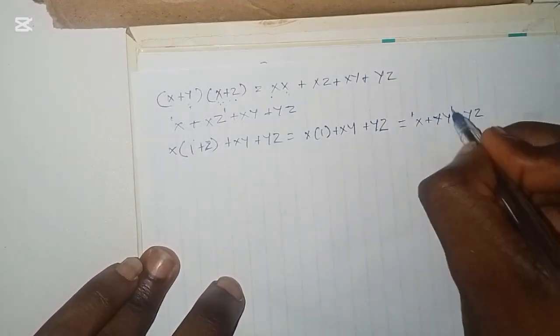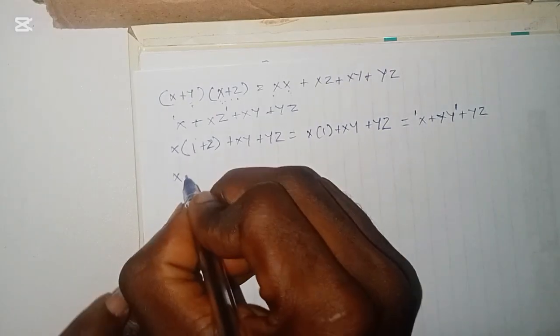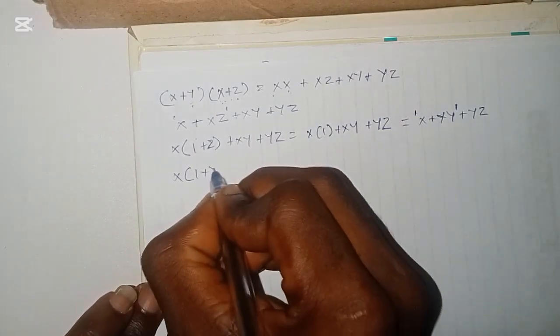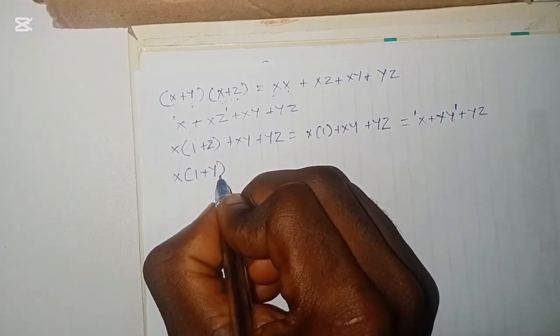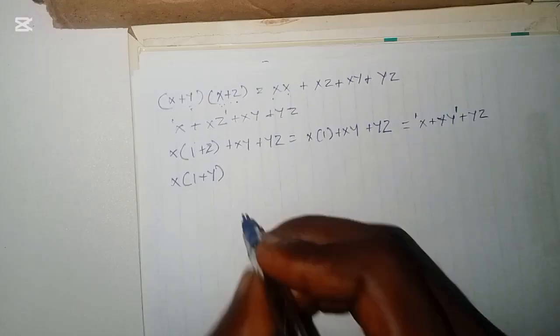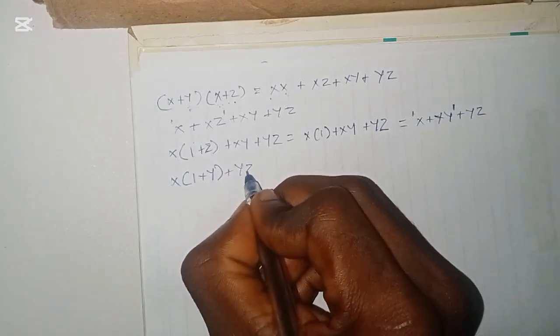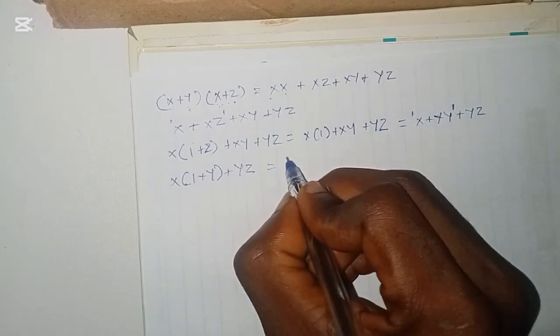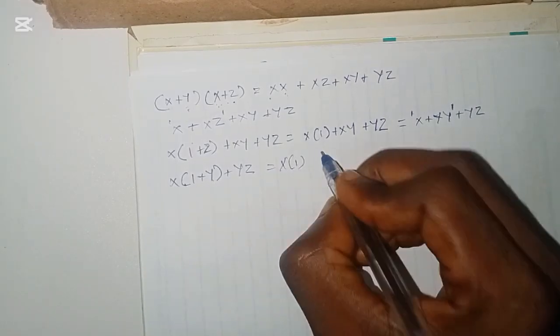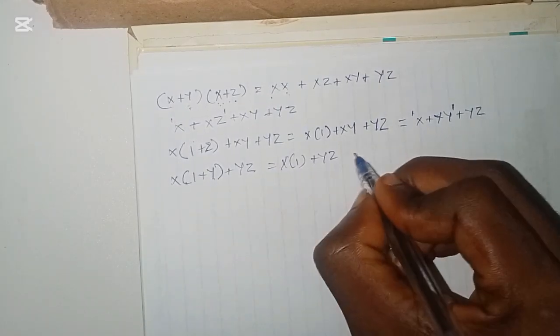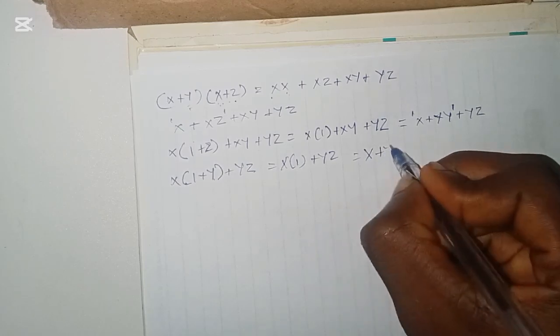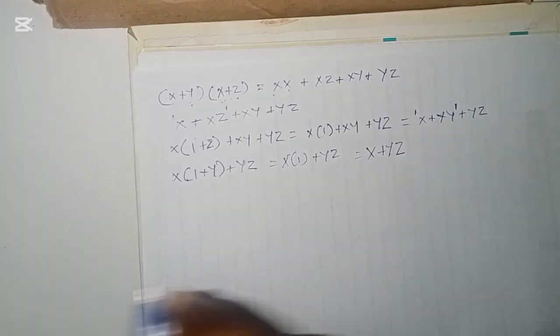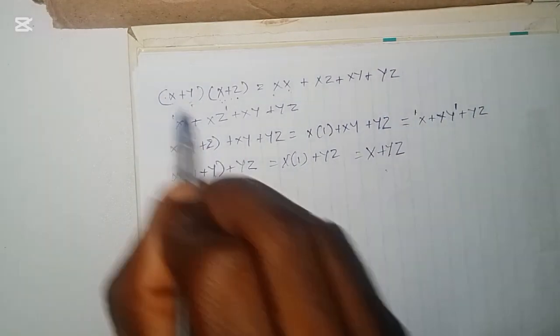Now we can factorize our x, bring x out, x into 1 plus y, plus yz. Knowing this is 1, it equals x1 plus yz, which equals x plus yz. So we have proved it.